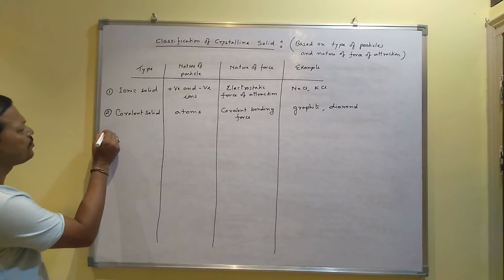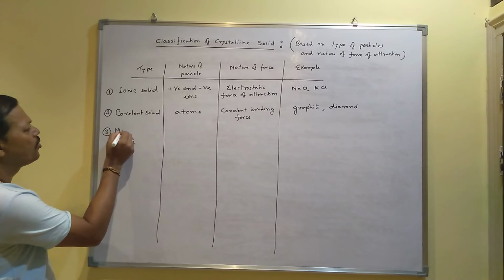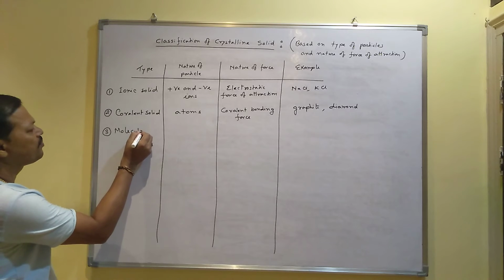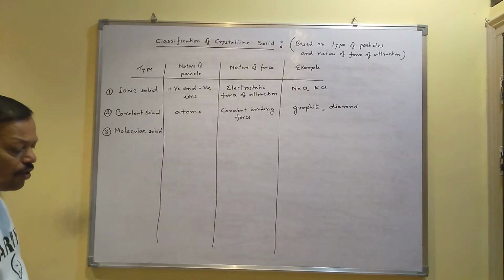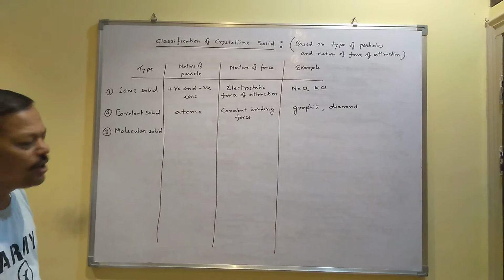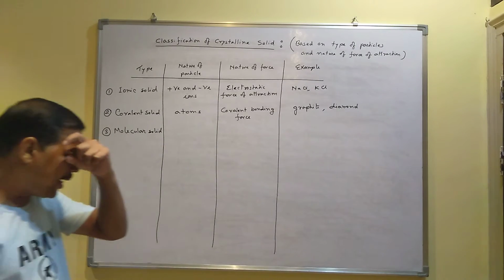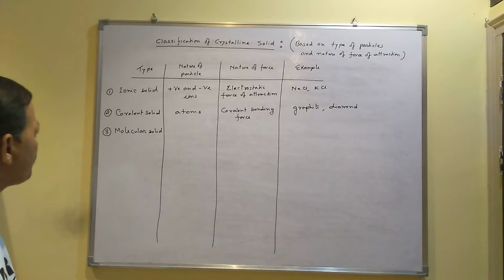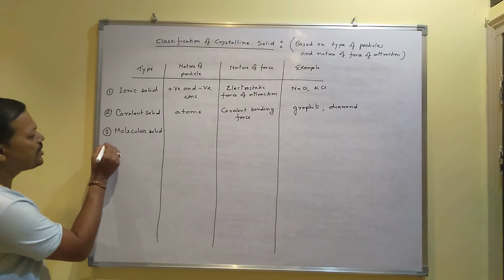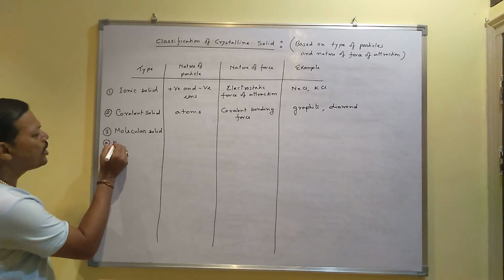Number three, which is called molecular solid. In case of molecular solid, the particles are molecules. But molecular solid, again you can classify into three types. So I will give you the types as A, B, C. Number A, polar molecular solid.